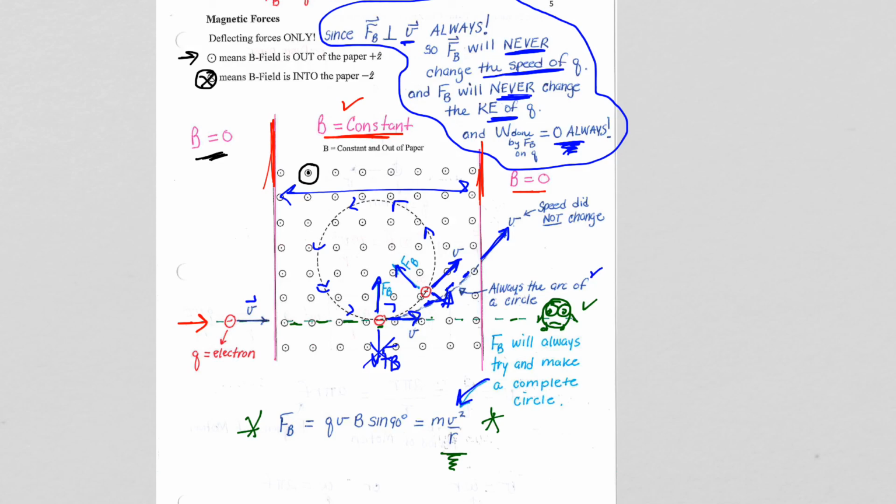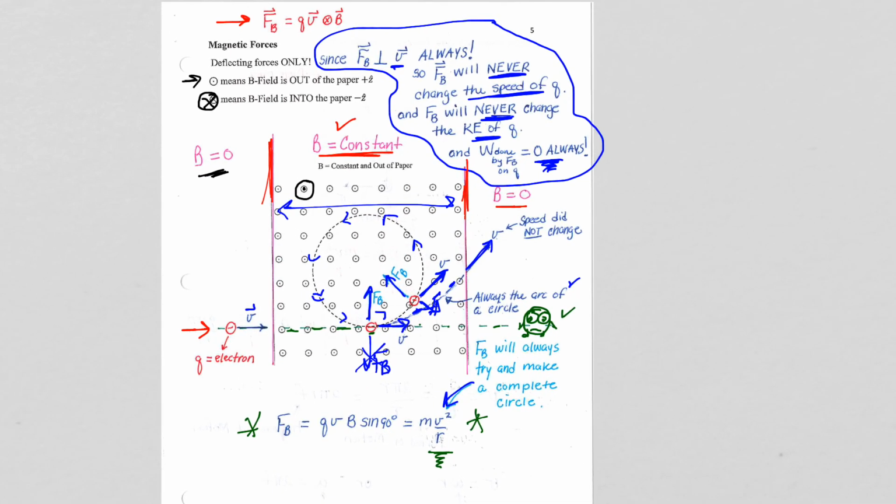So again, we will be talking more about this in class, and we're going to start doing some homework problems as well with circular motion shortly. But a very important page of notes: cross product direction and reversing the thumb if it's a negatively charged particle is there. The notion here that the magnetic force is not doing any work is important. So we really need to discuss this if these concepts are not clear to you.